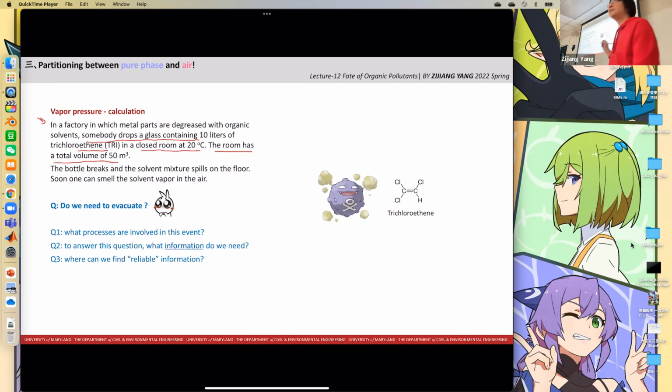So basically, this is not in the lab. We know that in the lab, we have the fume hood, so the air will be evacuated.